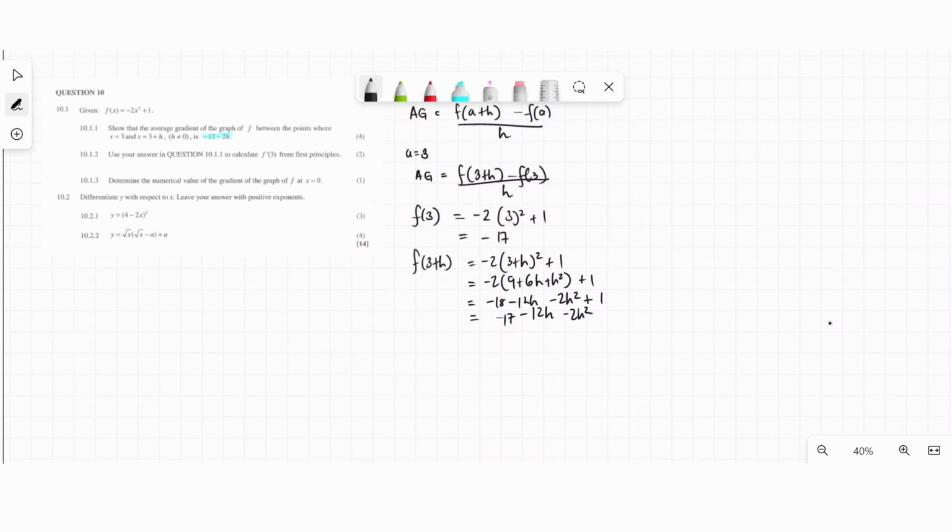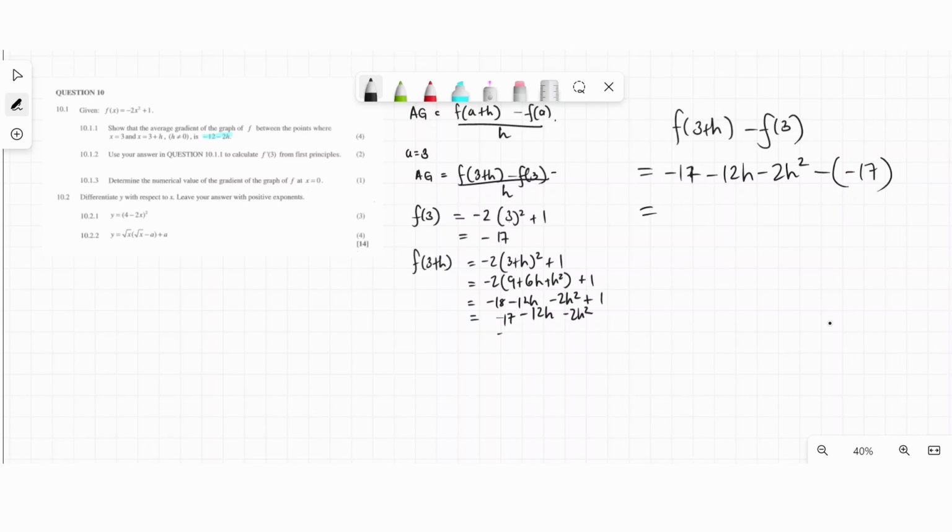Then I'm going to find the numerator outside. I'm going to look for f of 3 plus h minus f of 3. So we know that f of 3 plus h is this one: negative 17 minus 12h minus 2h squared, then minus f of 3, put in a bracket, negative 17.